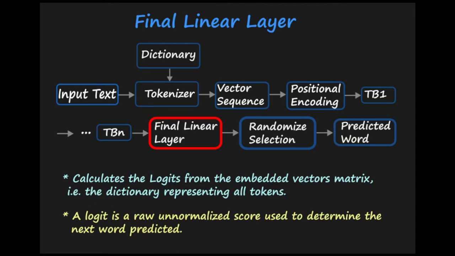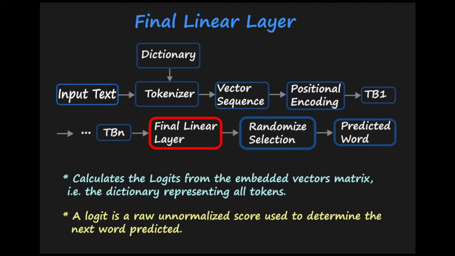Coming out of the final transformer block, the TBN, is a set of predicted words. Remember, every token/vector that came out of the attention blocks is sent through its own copy of a feed-forward network. The only one we are interested in, however, is the last word, since that is the next word to append to the input sentence.